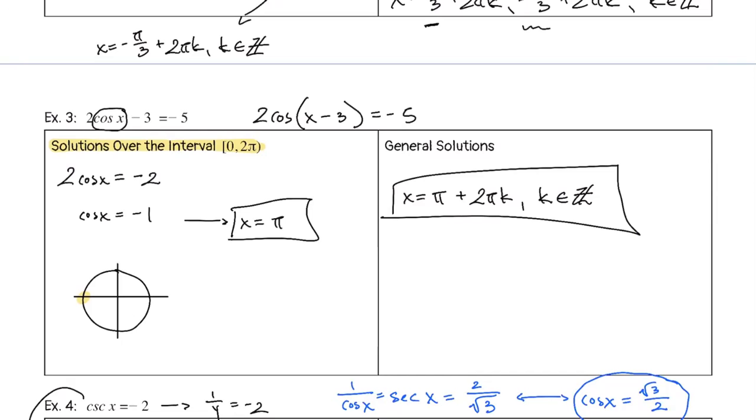Because the second one is saying you would be looking for cosine of some angle equals negative 5 over 2. That's what you would be looking for. Okay, so those parentheses definitely play a big role there.